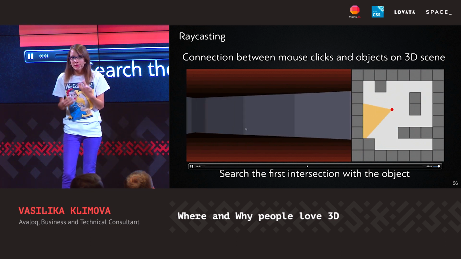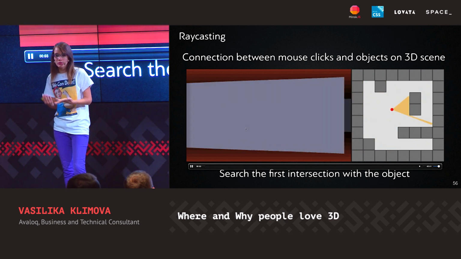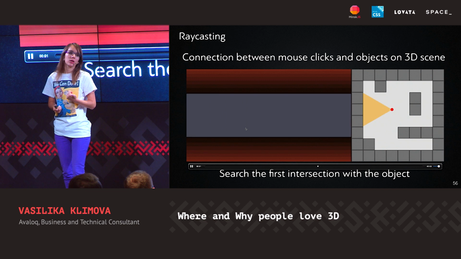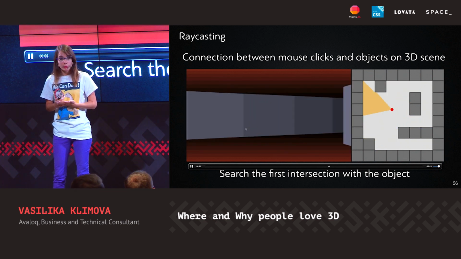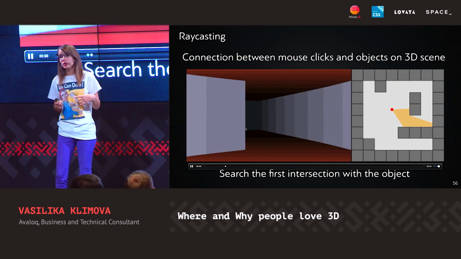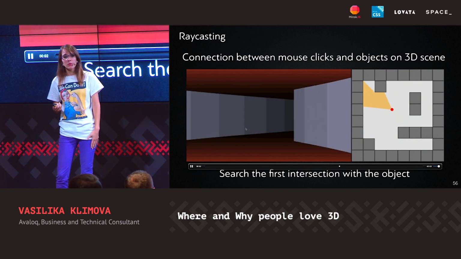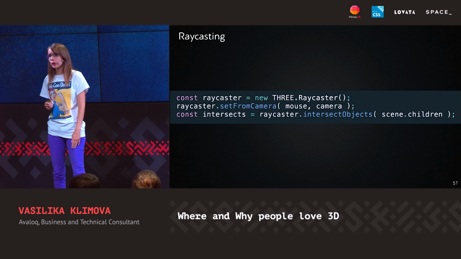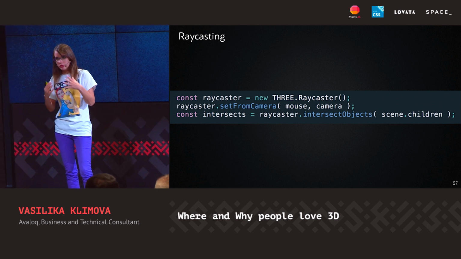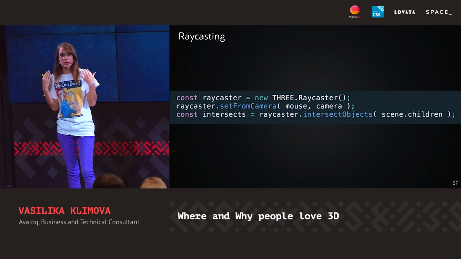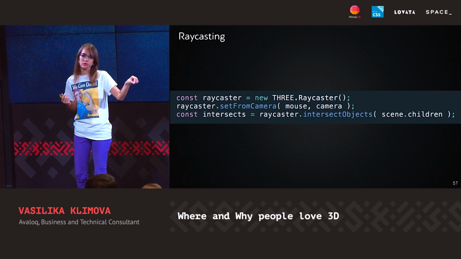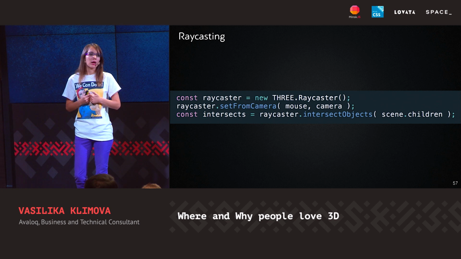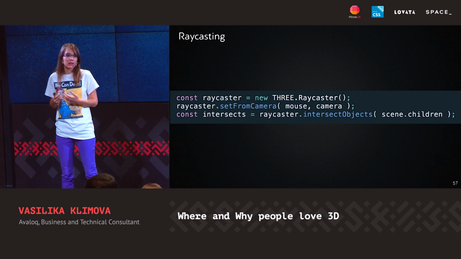And for this type of working with our scene, we also need to use a special object. Actually, this object is not in the core of the library, but it's a small detail: if you need to interact with your 3D scene, then you need to add it as an additional library. It's like Three.js Raycasting. It's not a big file, but it's easy to use.